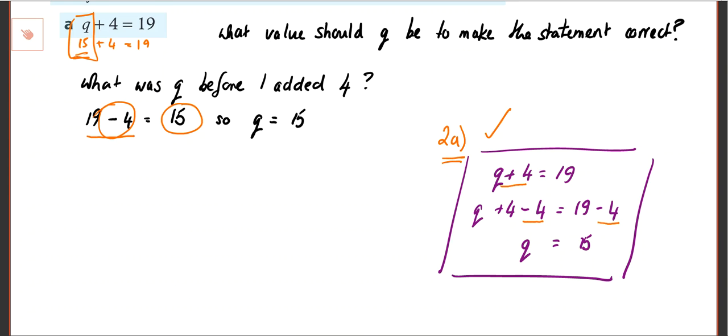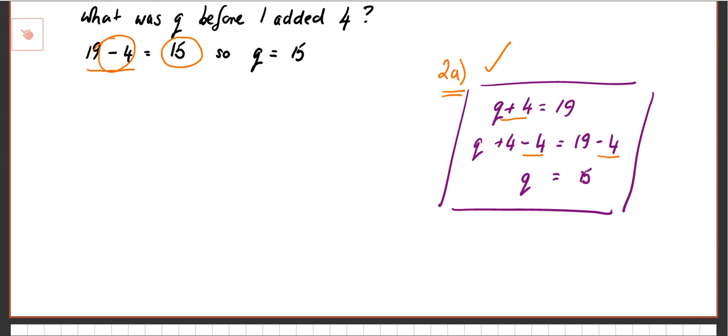But, like I was just saying to one of your colleagues, all right, what I don't want to see, are you listening? What I don't want to see is this. This is a big no-no. q plus 4 equals 19 minus 4 equals 15. You have to put it on a line below. Right?